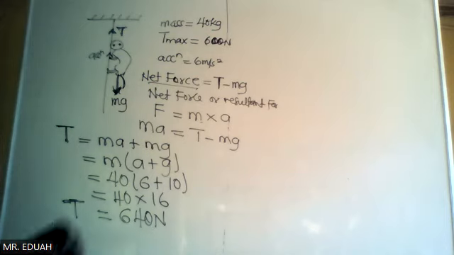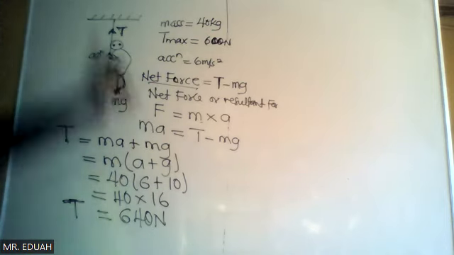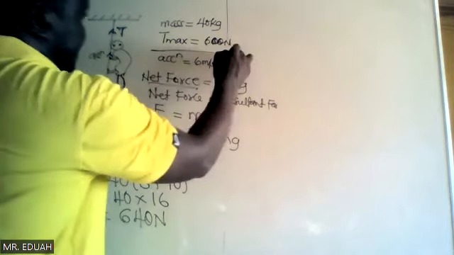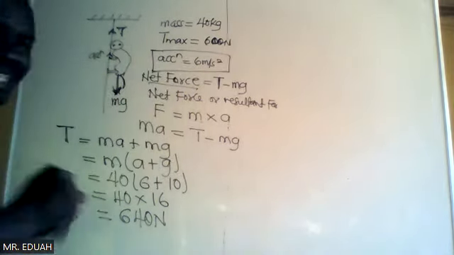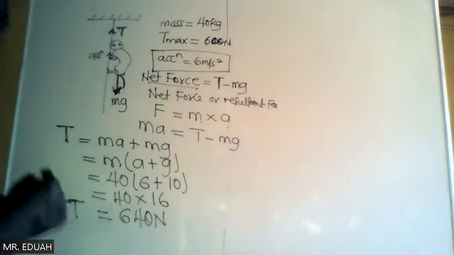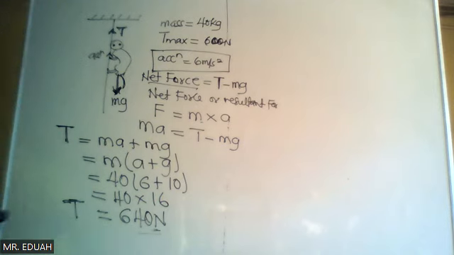For the monkey to accelerate up to the magnitude of this acceleration, the tension within the string must be 640.